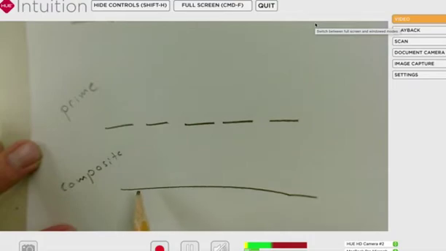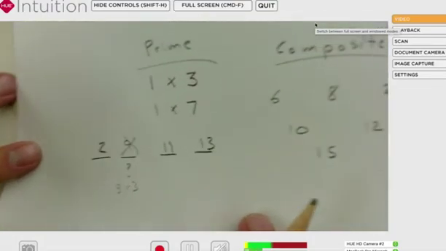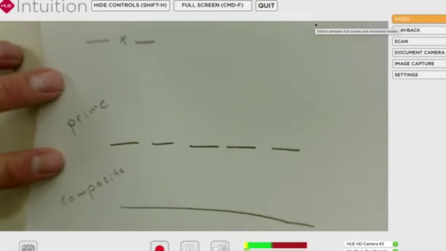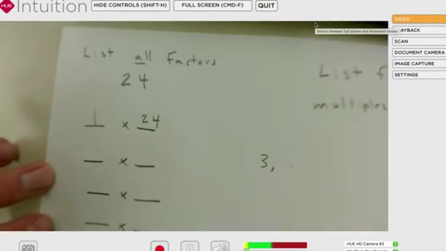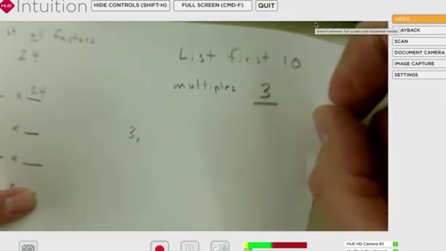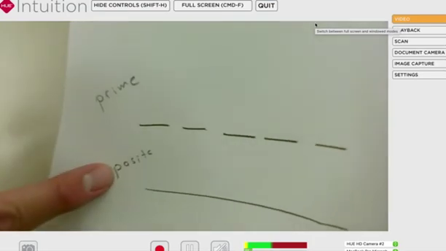And if you really want to razzle-dazzle me, you could actually do examples that are different than these ones. Or if you're like, listen, man, I don't know, you can do those ones too. So those are the ones I want you to do on your own, okay? Listing all factors of 24, listing the first 10 multiples of 3, listing 5 primes, any 5 primes, and any 5 composites.